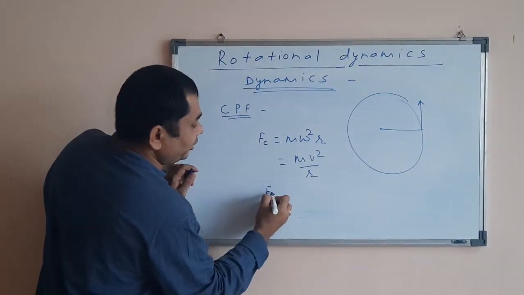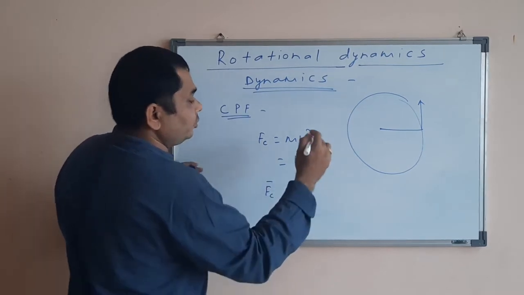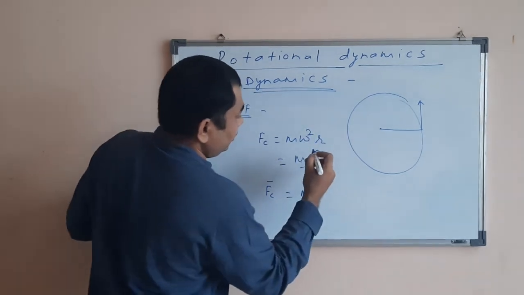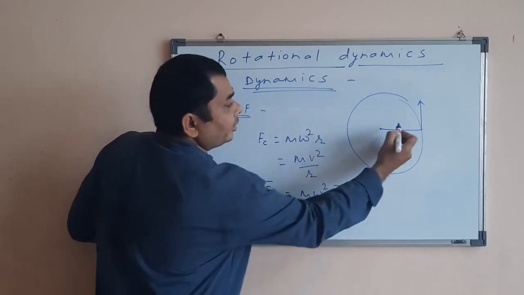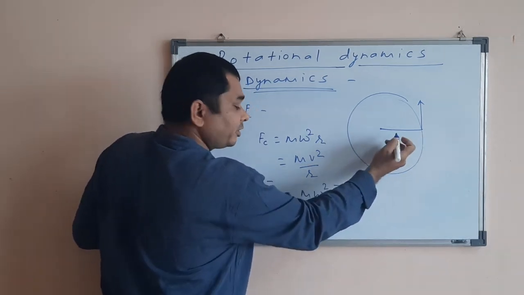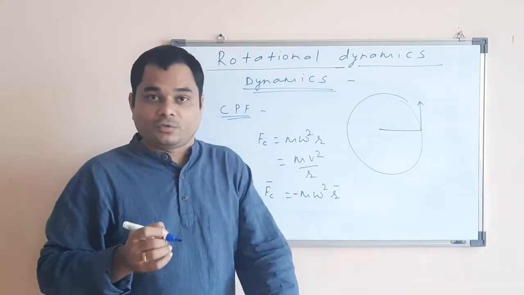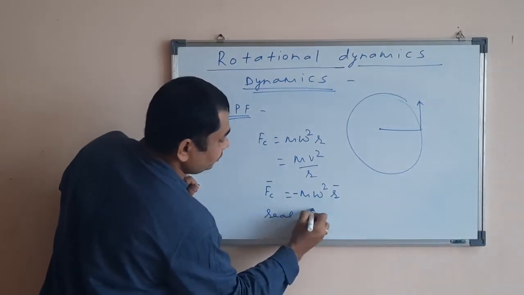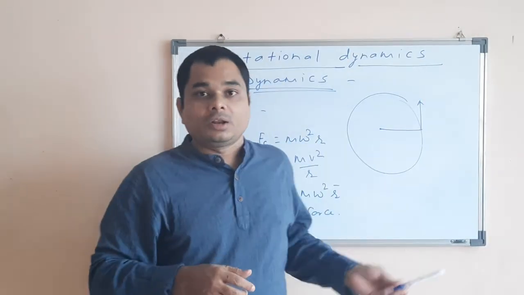So if you have to write it in vector form, then centripetal force will be equal to m omega square r vector, which is in this direction, but centripetal force, as you are aware, is towards the center. Therefore, we will put a negative sign here. This is the centripetal force. Okay, and this is a real force, and this is necessary for circular motion.